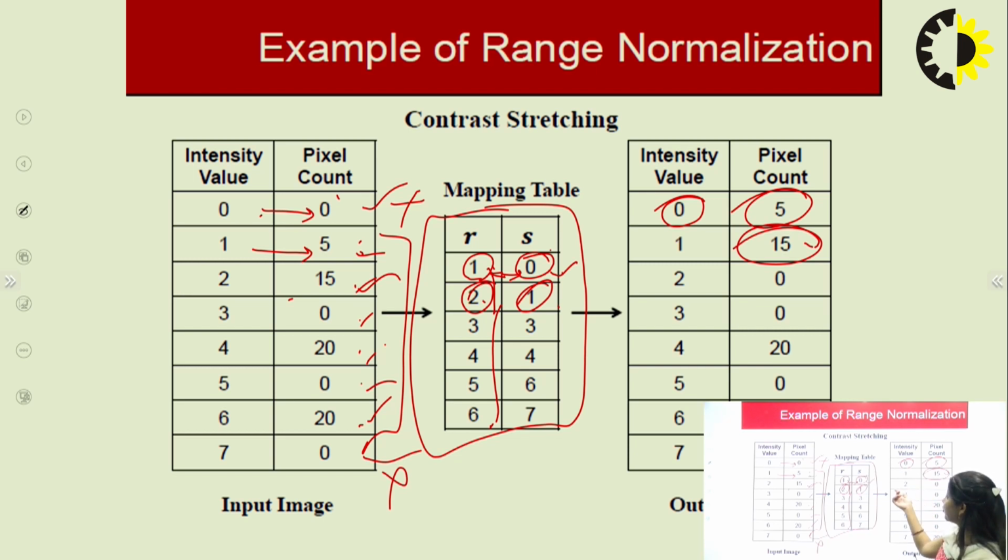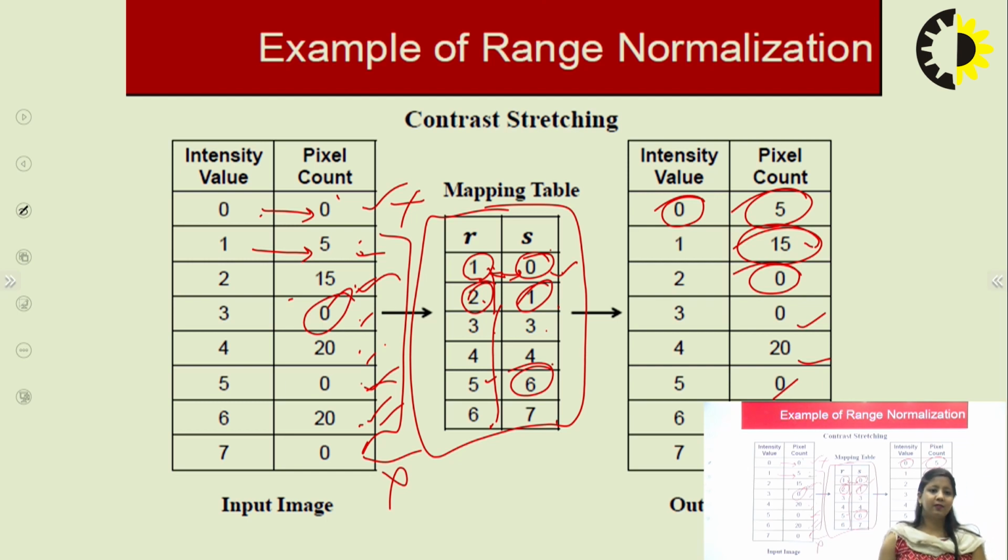Next, 3 corresponds to 0 pixel count, so we get the value 0. With 4 we have the same value 20, and 5 is 0. Sorry, 5 maps to 4 with 20, 6 maps to 5 with 0, and 7 maps to 6 with the value 20.